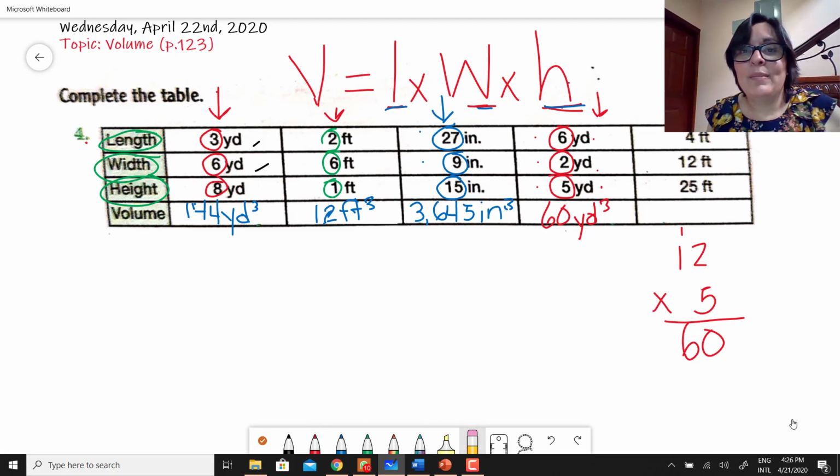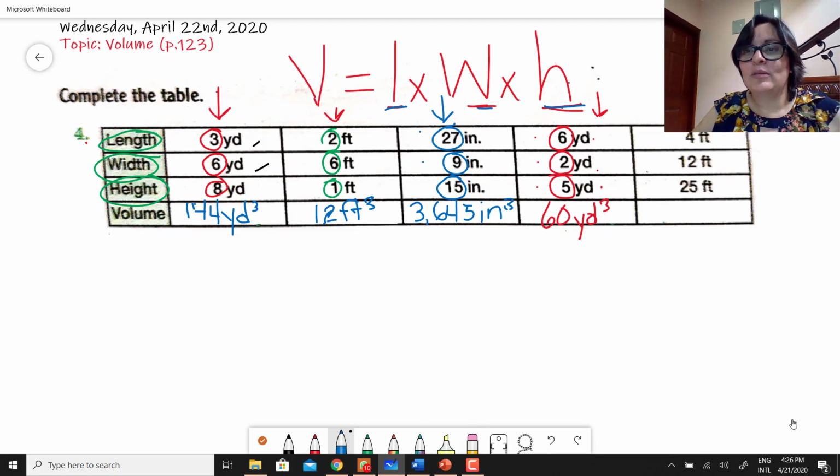Okay, remember that each time that we do an exercise, you have to pause the video or stop the video, copy the process, and you can continue with the other one. So stop the video, copy the process, and let's continue with the last one. Okay, did you do it?